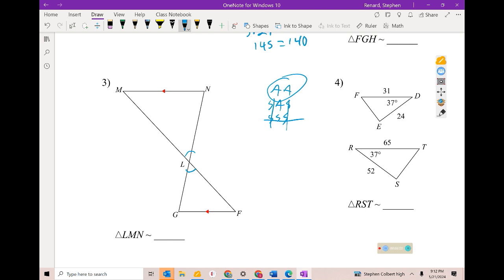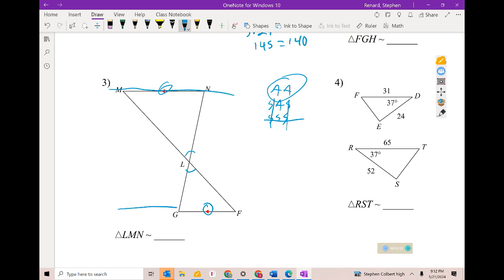Whenever we have two lines that cross, they form vertical angles. And then the other key that helps us here is these arrows, and that means those two lines are parallel.